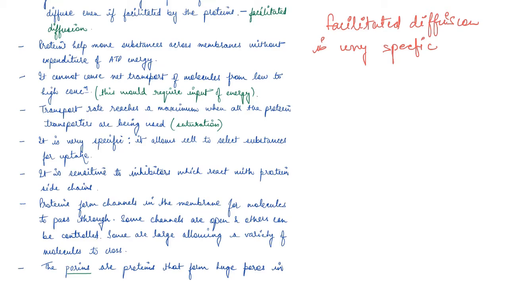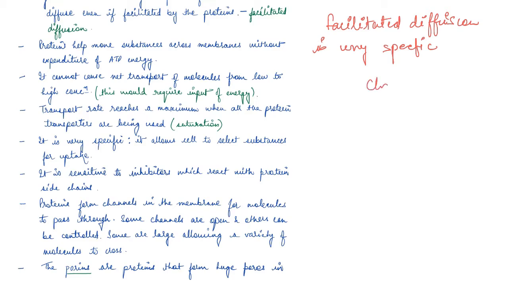In some cases there are channels which are always open, and there are some cases where channels are controlled, right? Again, some are large, which allow a large variety of molecules to cross, and some are small in size, right?